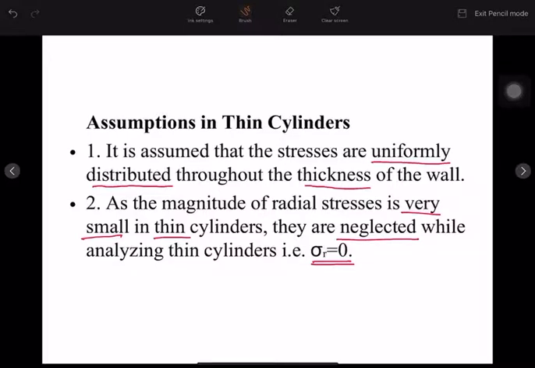This is the important assumption in our analysis. So we are bothered about only two stresses, which are sigma h and sigma L. These are what we need to find out in our analysis. How we can find sigma h and sigma L, we'll discuss now.